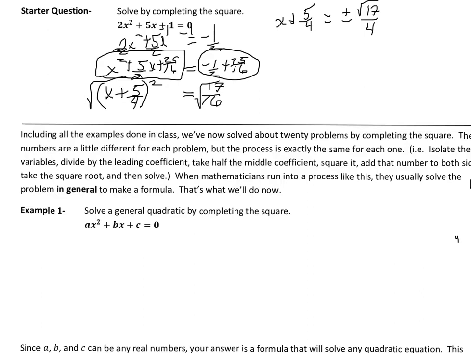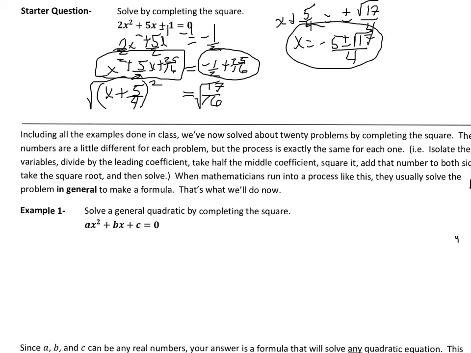Now we subtract 5/4. So we get x equals negative 5 plus or minus root 17, all over 4. All right, not too bad.